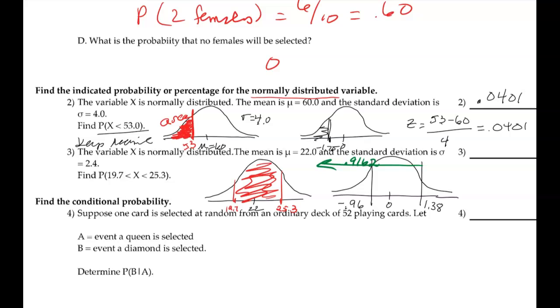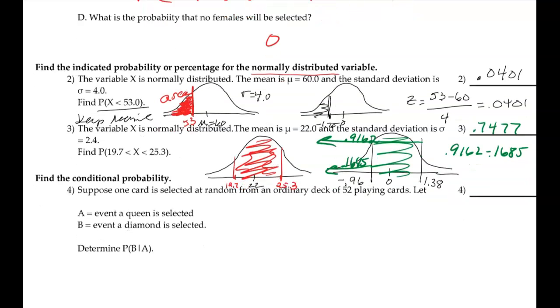And then the area of negative 0.96 to the left is going to be a much smaller area. Of course, it's 0.1685. To get what's in the middle, you're going to subtract. And if you subtract, you should get the 0.7477.